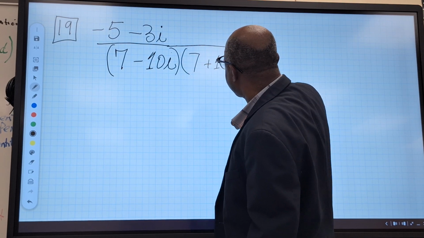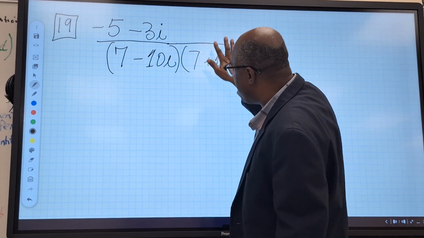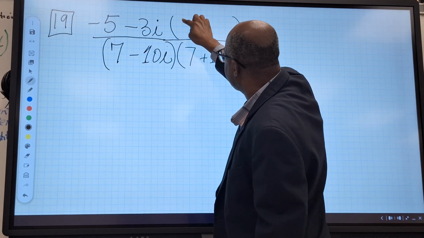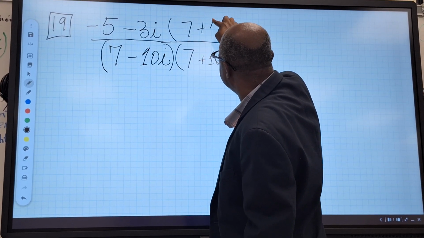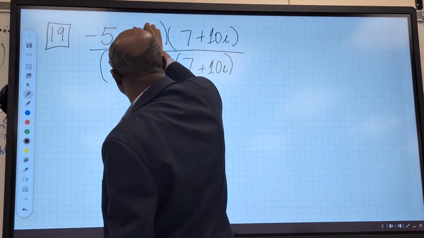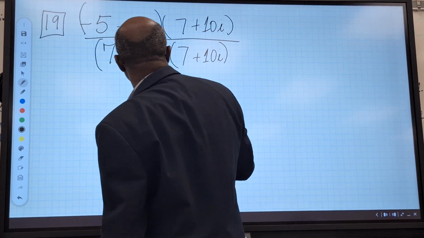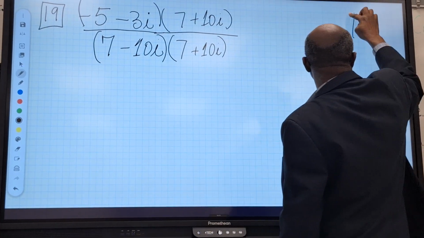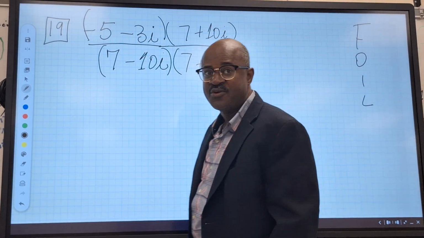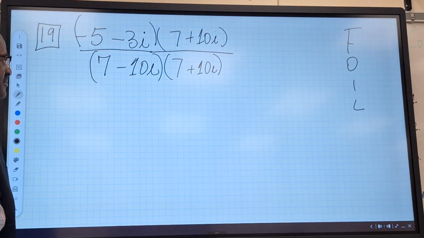Since you multiply the denominator by the conjugate, you already know that you have to multiply the numerator also by the conjugate, so it will be balanced out. As you can see by now, guys, you will have to use the FOIL method, and then you can simplify this out.